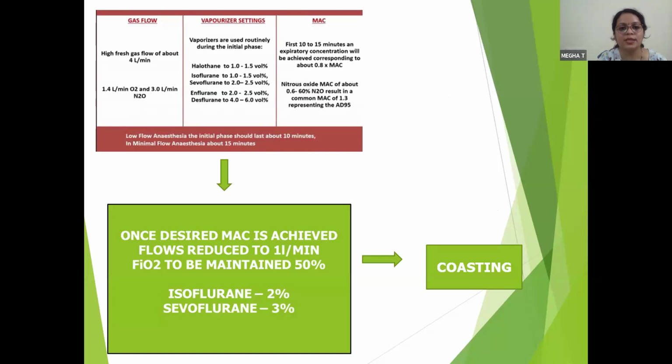So after 10 minutes, once the desired MAC is achieved, the flows are reduced to 1 liter per minute, but throughout we should remember to maintain a FiO2 of 50%. And because of dilution, compared to the initiation phase, the concentration has been increased. And towards the end, coasting, that is cutting off 15 minutes prior, whereas 5 minutes prior to extubation, increasing the oxygen levels.